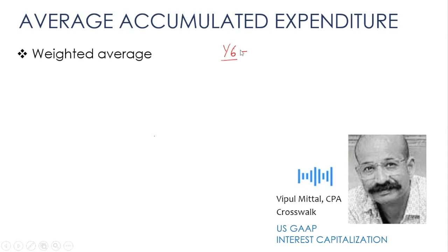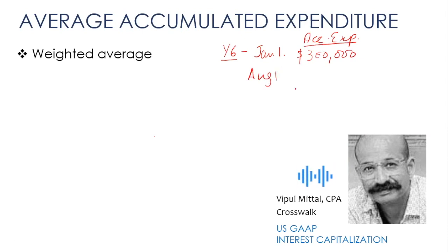So at the beginning of year six, accumulated expenditure is $300,000. This is the amount that you have spent in earlier years. All right. Let's say you spent $60,000 more on August 1.